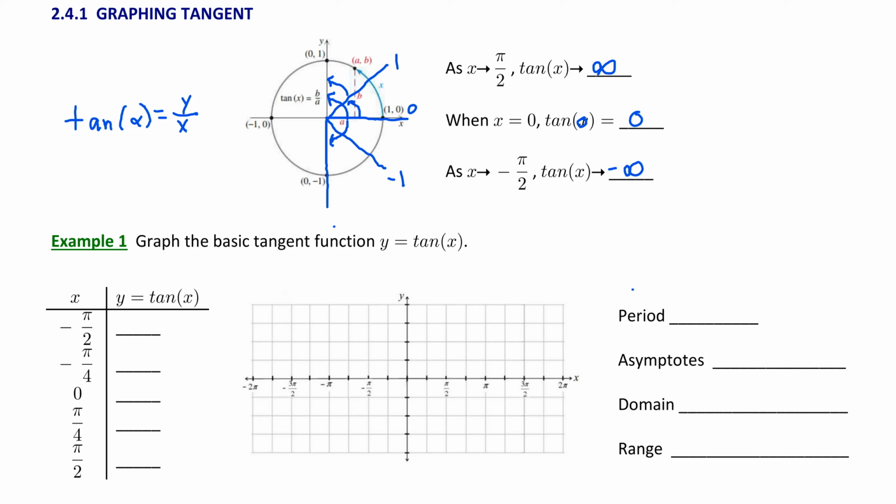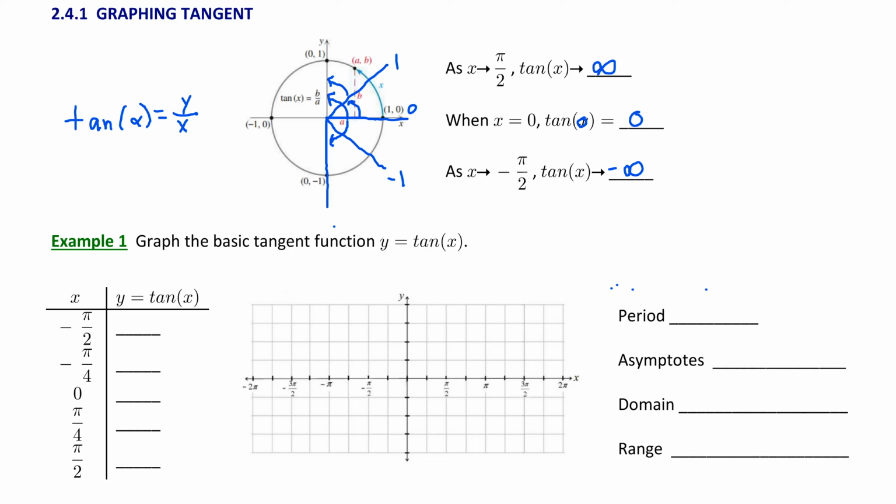This indicates that on the graph, as the x-coordinate gets closer and closer to the vertical asymptote at negative pi over 2, where tangent is undefined, then the y values will be following that asymptote, heading towards negative infinity. All right, let's go ahead and translate this analysis onto the graph.